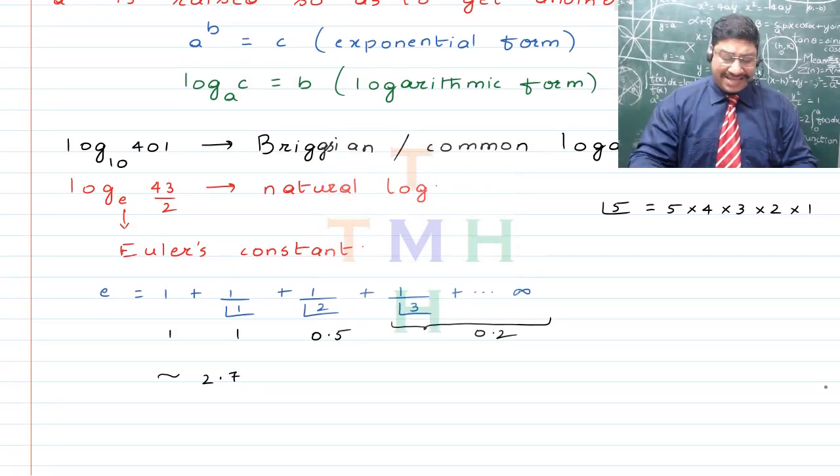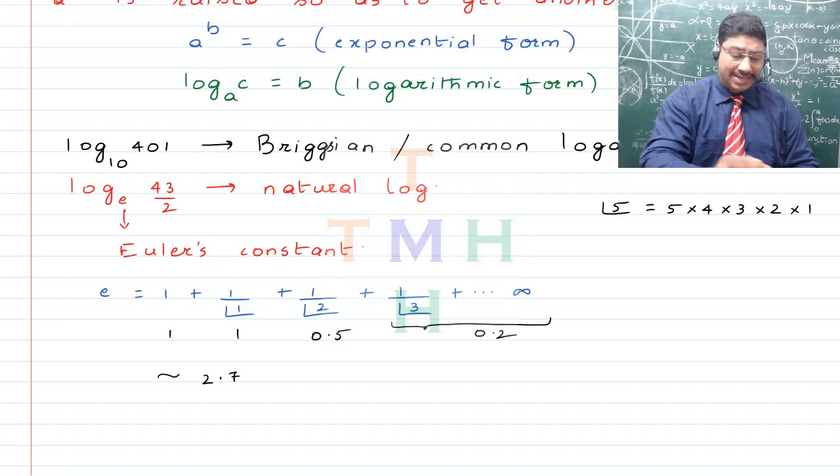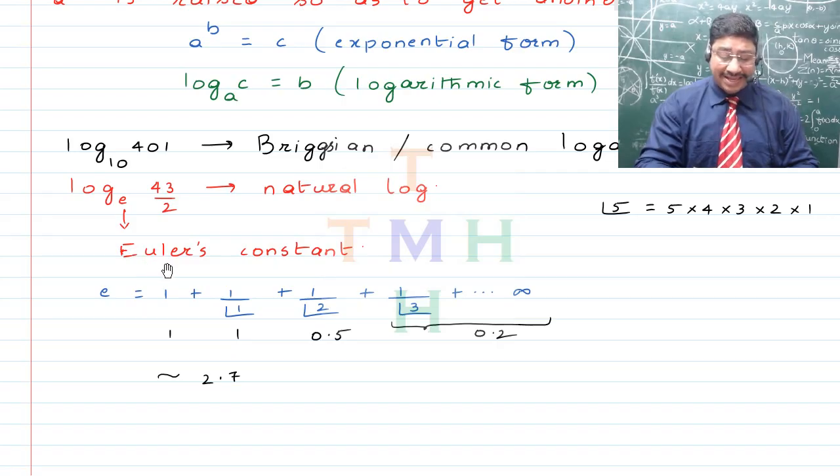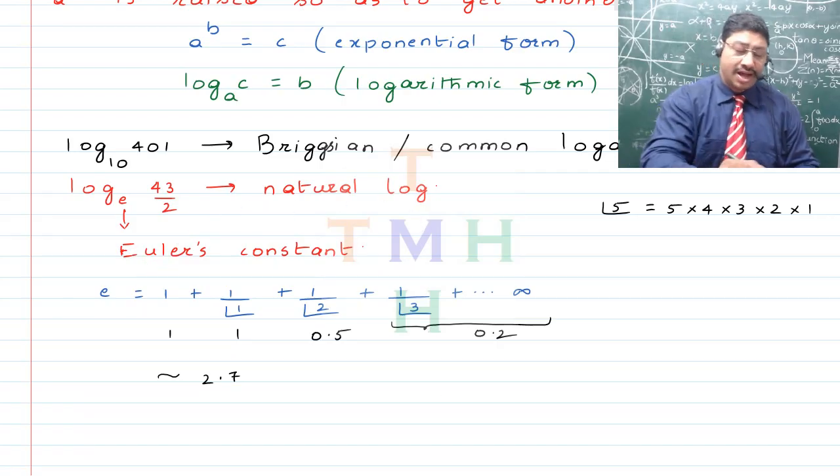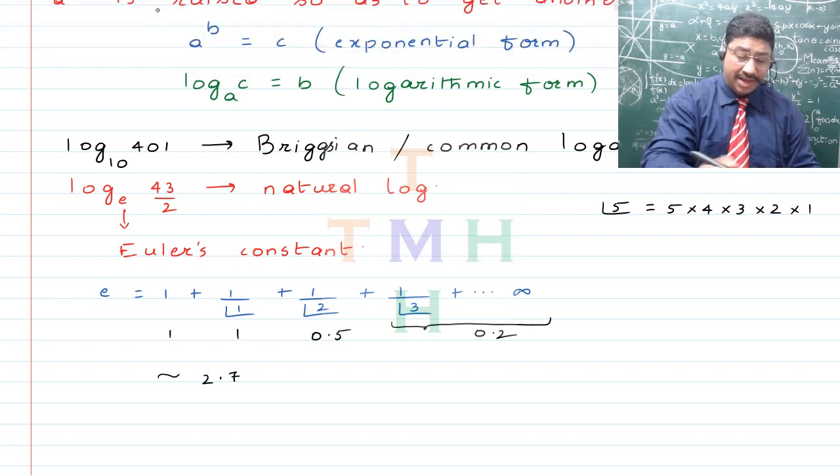Now when the base of the logarithm is this Euler's constant, that is e, then we say that we have a natural logarithm. Now after this, children, I'll give you another new term, which might be asked in the competition.